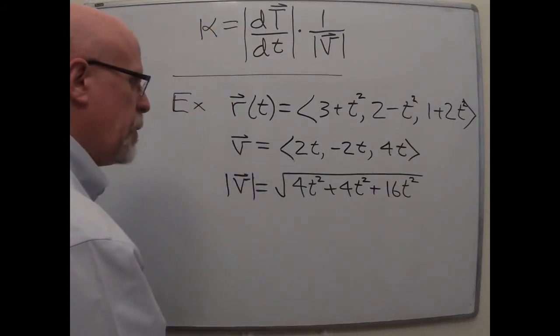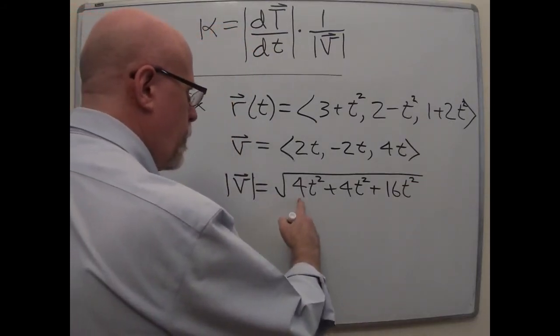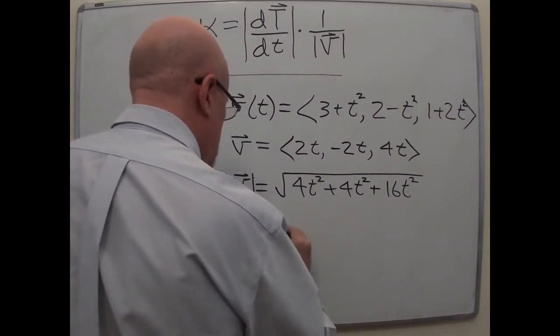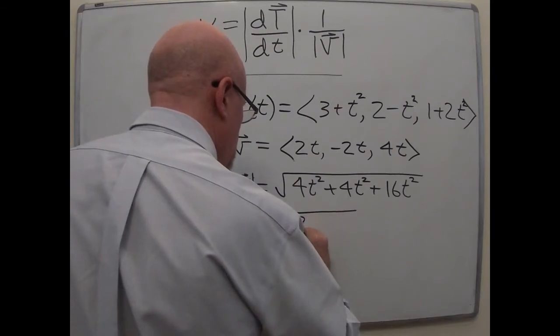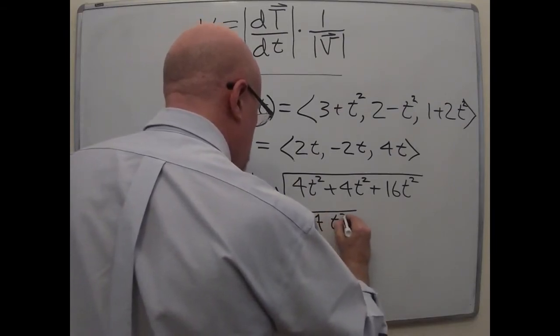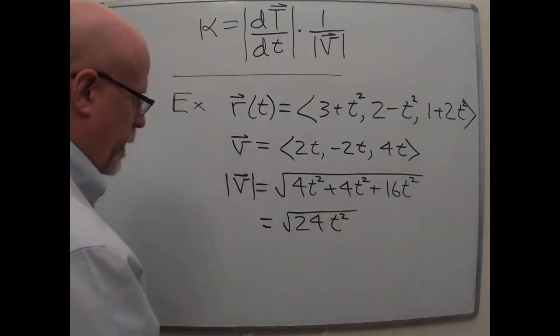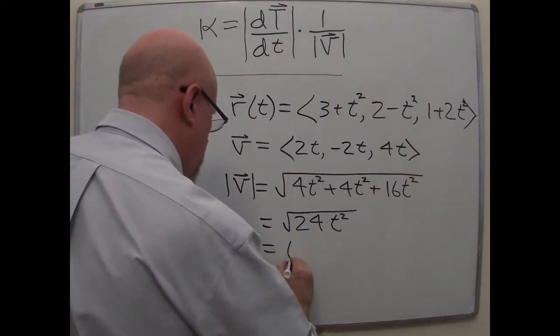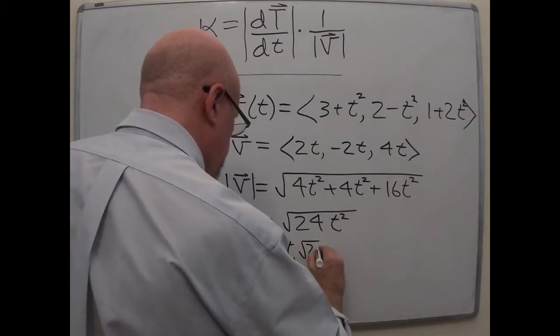I think that's 32, right? 4 and 4 is 8. No, it's not. It's 24. And then, in fact, you can just turn that into t times root 24.